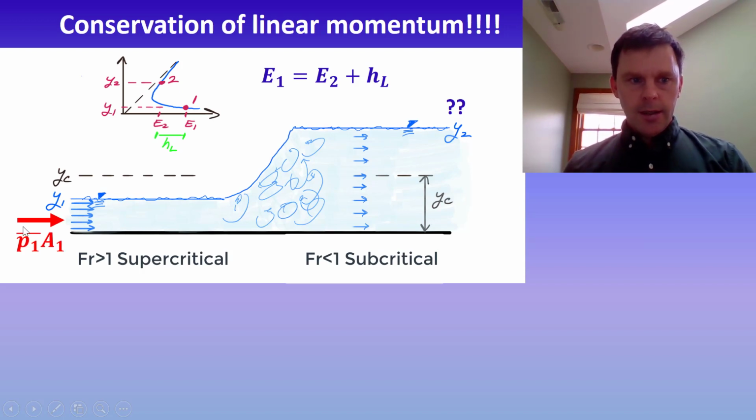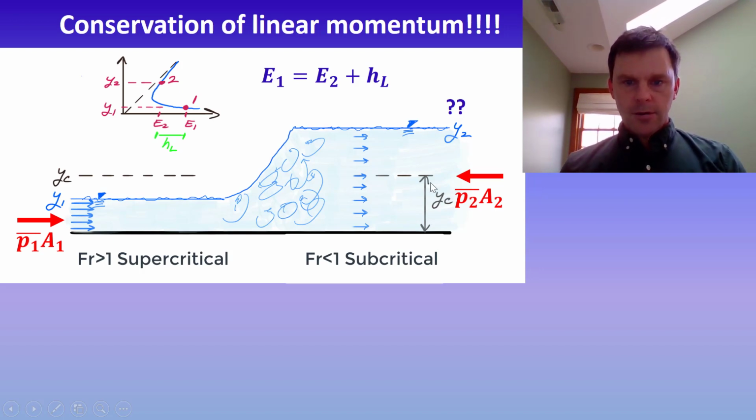Pressure is from the fluid outside of the control volume acting back in on the control volume. That's one force, and it's assumed to be a hydrostatic pressure distribution, so you can relate the depth to the mean pressure there. The same is true for the downstream subcritical part of the control volume, where you have the pressure from the fluid downstream acting back in on the control volume, and that would be another hydrostatic pressure distribution to relate the depth to the pressure there.